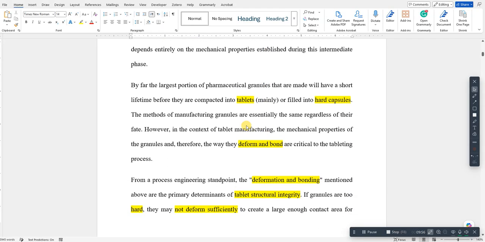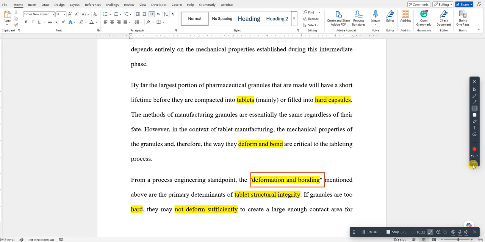In tablet formation, where the granules are compressed, in order to bind together and form a coherent tablet, a deformation has to happen, and this deformation will help in bonding and in creating a tablet with integral structure.